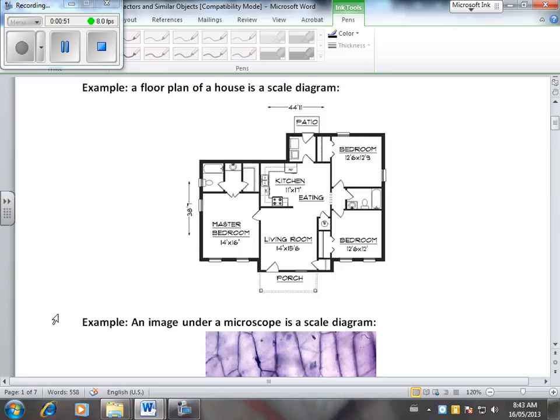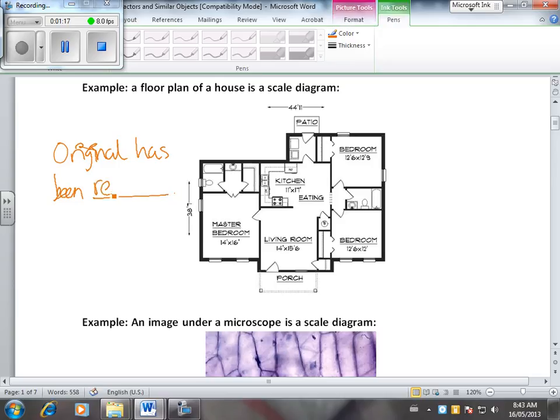And so when we talk about a scale diagram being either reduced or enlarged, compared to the original, this scale diagram, a floor plan, what is it? So the original has been what? Reduced or enlarged?